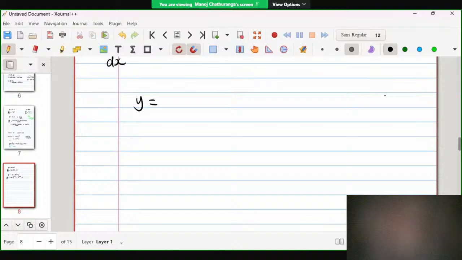I want you to differentiate this function. Think about this. Take your time.